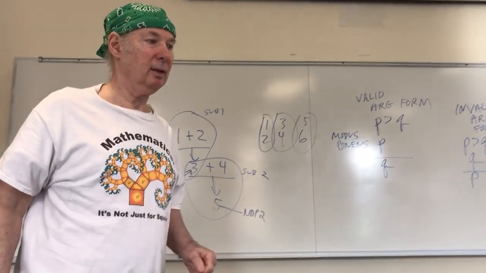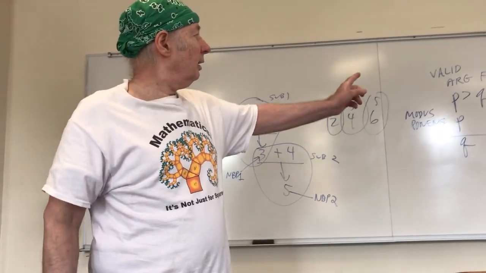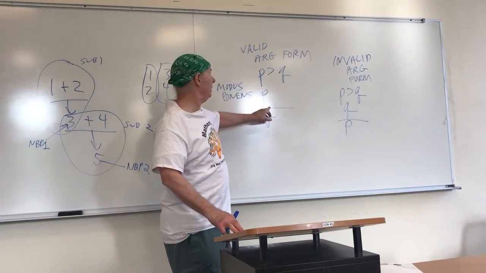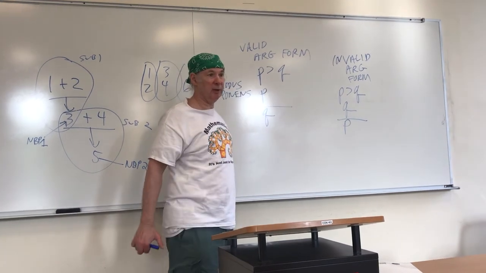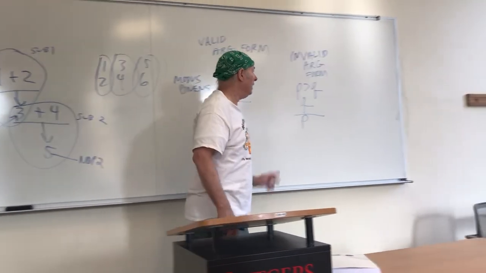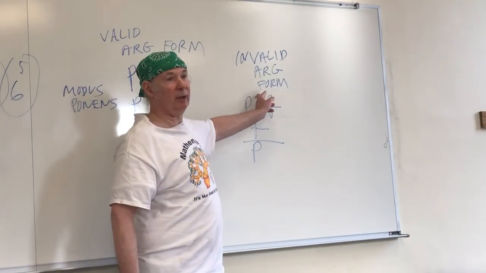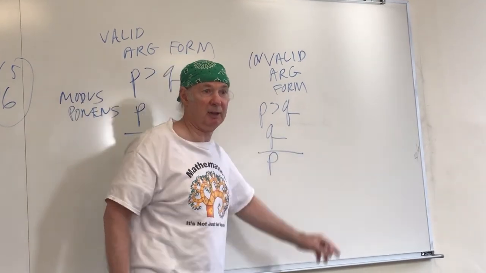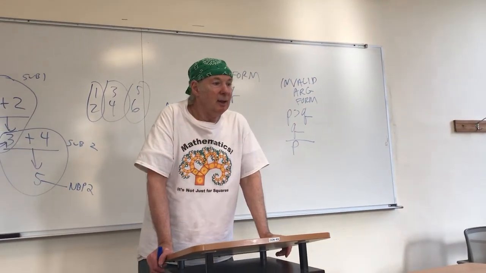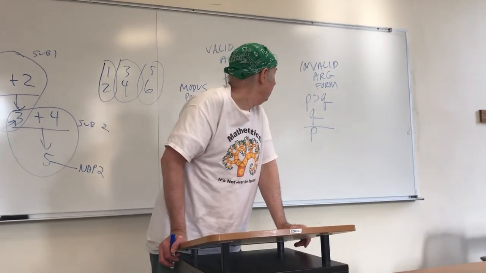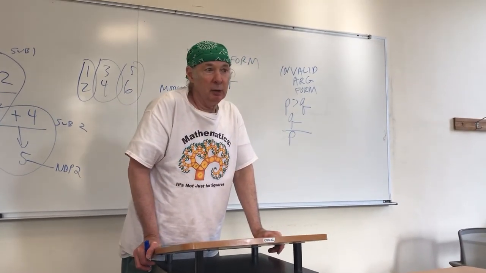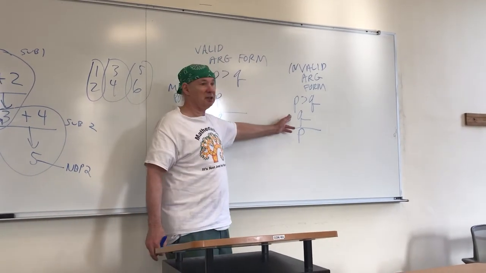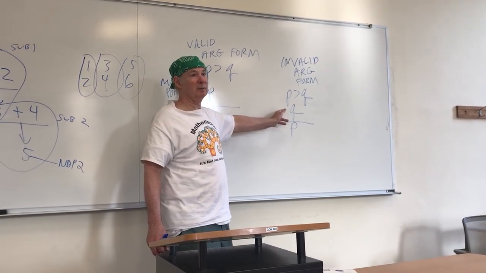However, although any argument I get by plugging in sentences for P and Q in a valid argument form is valid, it's not true for an invalid argument form, this one in particular. It's not true that plugging in any sentence whatsoever for P and Q will give you an invalid argument. However, it's easy to see there are invalid arguments.